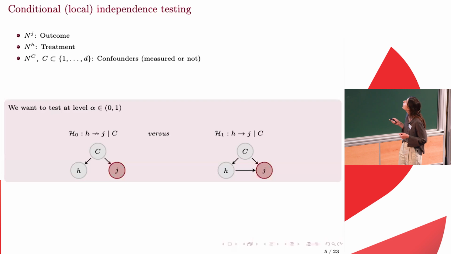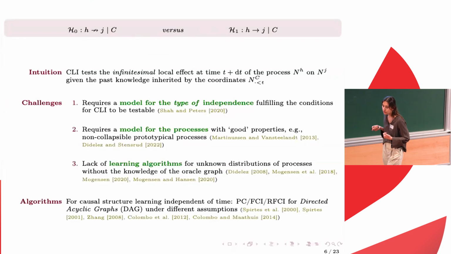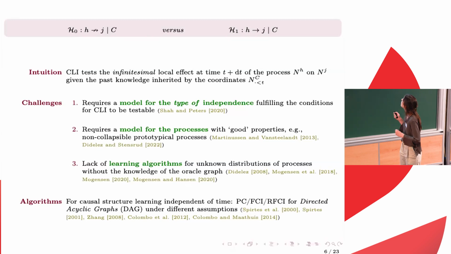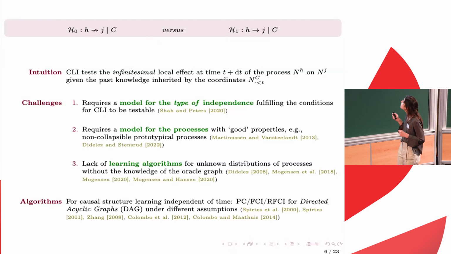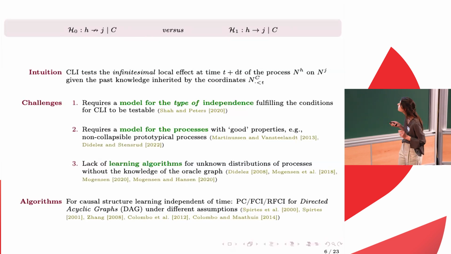The intuition is that the conditional local independence test measures the infinitesimal local effect at the time t plus dt of the process of my treatment on my outcome, given the past knowledge inherited by the coordinates indexed by the set C.